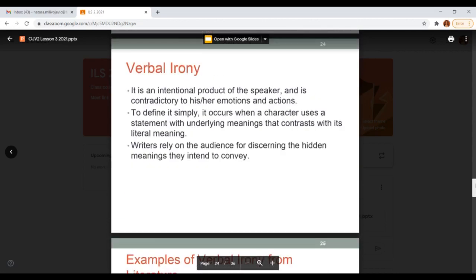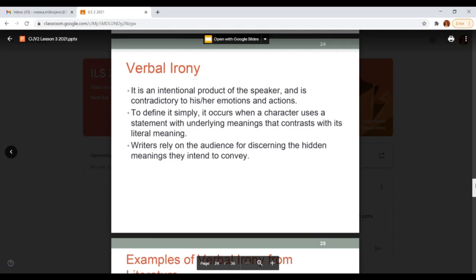So verbal irony is always an intentional product of the speaker. So we do it on purpose, right? It doesn't just happen on its own. And it is always contradictory to his or her emotions and actions. And to define it simply, we say that it occurs when a character uses a statement with underlying meanings which are in contrast with the literal interpretation of the words or the text.